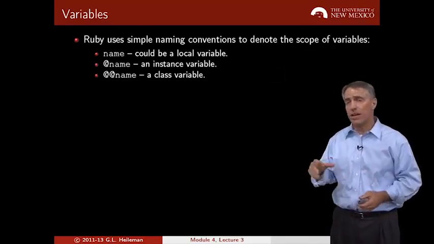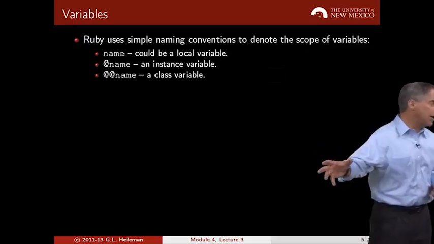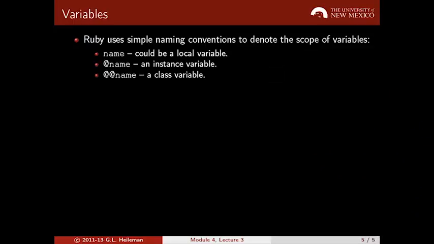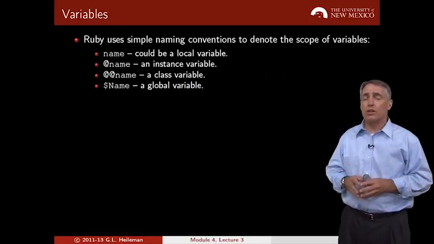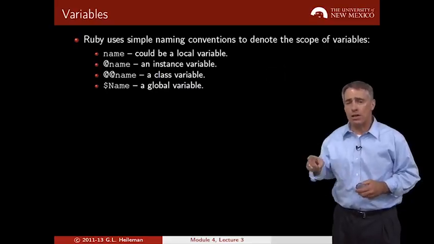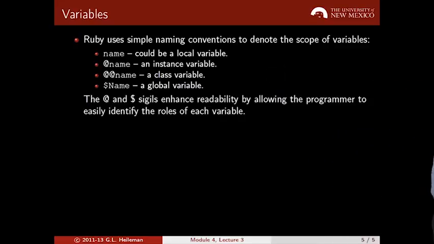If I put two @ signs in front of it, then I'm indicating that that variable is a class variable. In other words, with a class variable there's only one such variable defined for the entire class, whereas with an instance variable, a copy of that instance variable is created for every object of a particular class. If you use the $, that indicates that what you're working with is a global variable, and typically you capitalize that variable name as well.